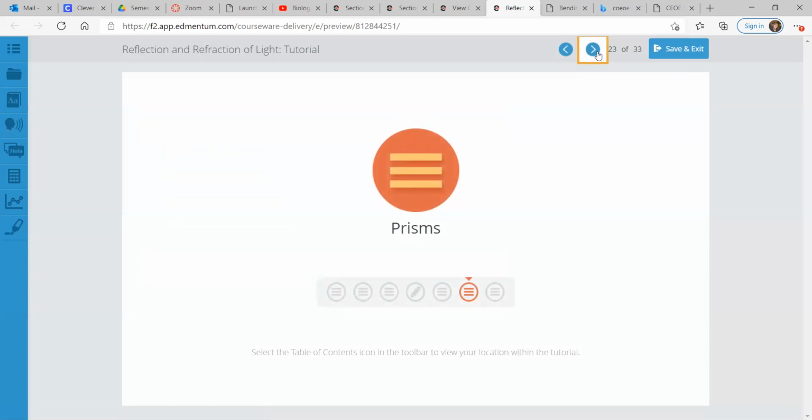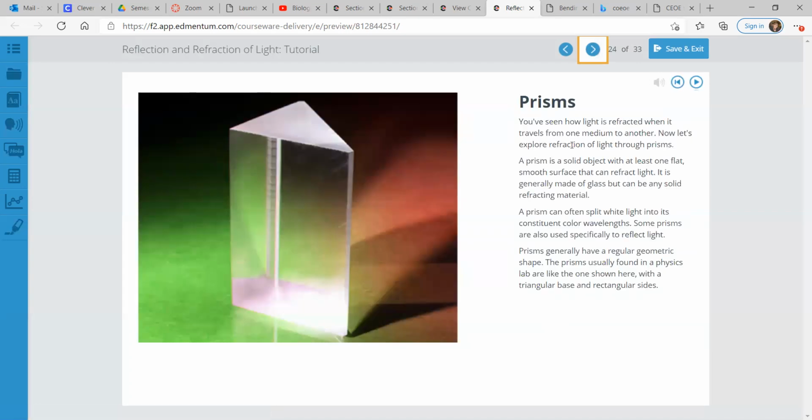All right, moving on to prisms. You've seen how light is refracted when it travels from one medium to another. Now let's explore refraction of light through prisms. This is a prism. It's a solid object with at least one flat, smooth surface that can reflect light.